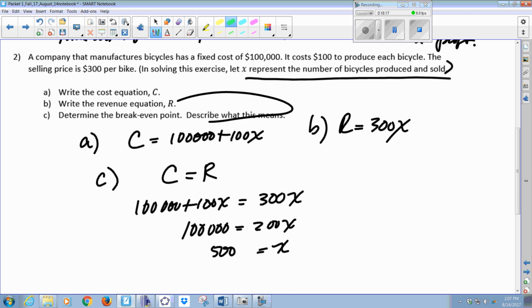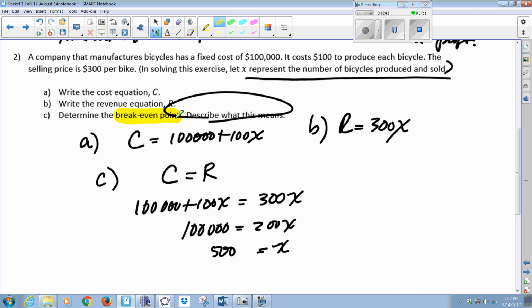Then to describe what that means, we use a sentence very similar to the one we used above, which says, when the company manufactures and sells 500 bicycles, the total cost and total revenue will equal, whoops, we haven't found the break-even point. If you can't finish that sentence, you haven't found the break-even point.